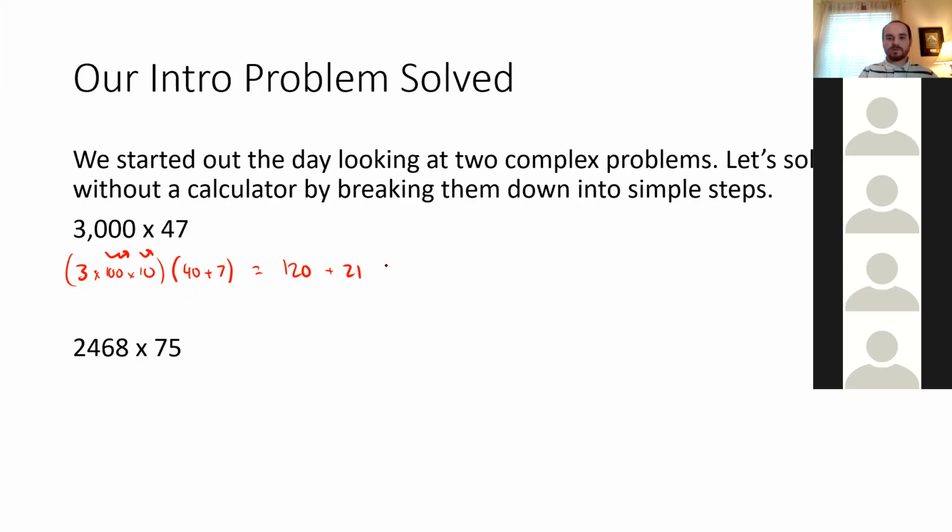And 120 plus 21? 141. And then we're going to add in our 3 zeros. 0, 0, 0. There we go. 141,000.